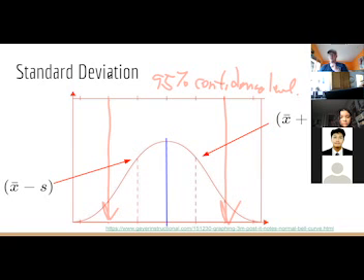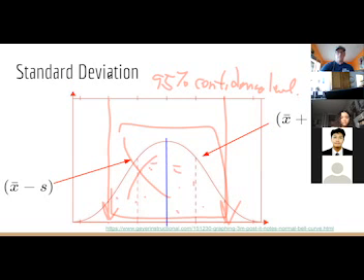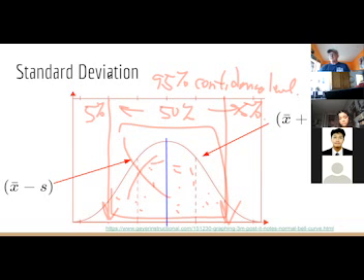So you can be confident that 95% of the time, the actual answer is inside this part of your curve. It's somewhere in here. So here's my 50%, and here's my minus, this is 5% to the left, and this is 5% to the right. So that's what that means.